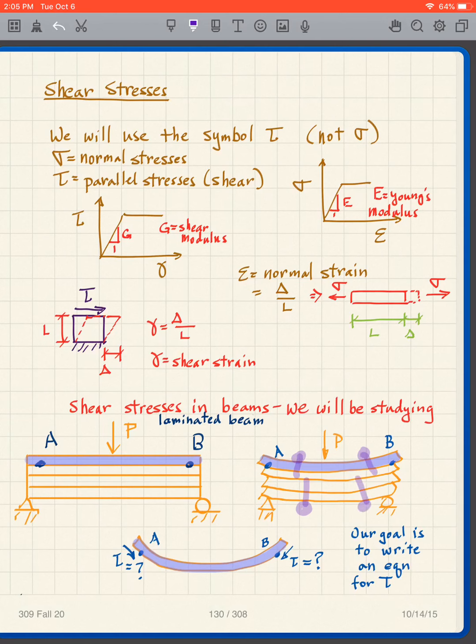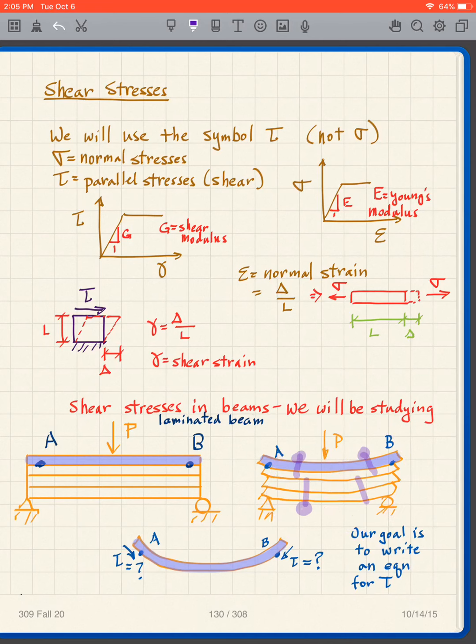It's going to get sheared off because of the sliding that takes place between the laminations, and if the bolts aren't strong enough to resist that, they get sheared off. So that's what we're worried about. We're worried about this sort of sheared off behavior that can occur if the bolts aren't strong enough.